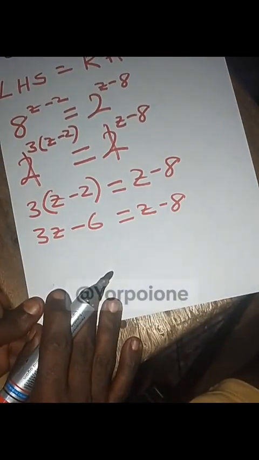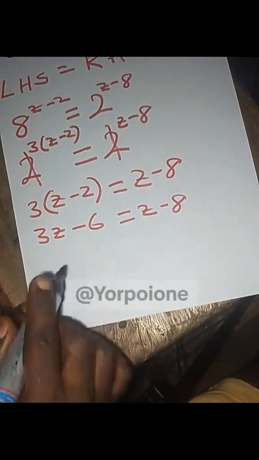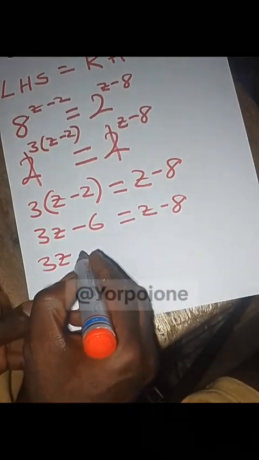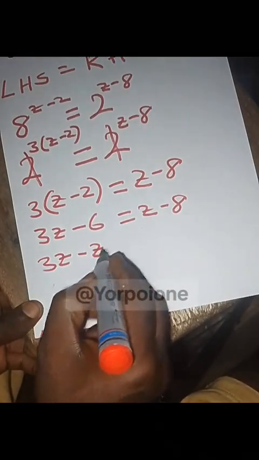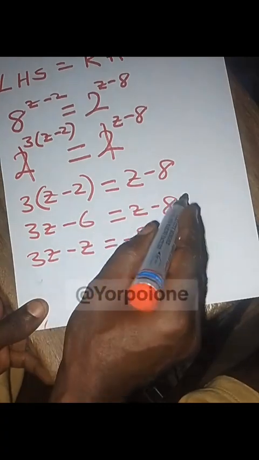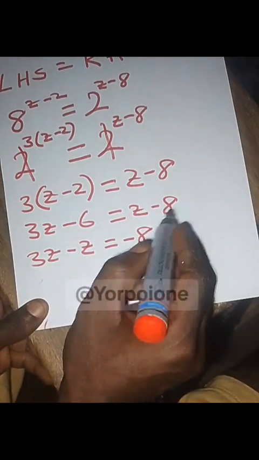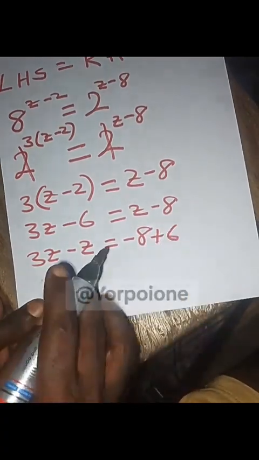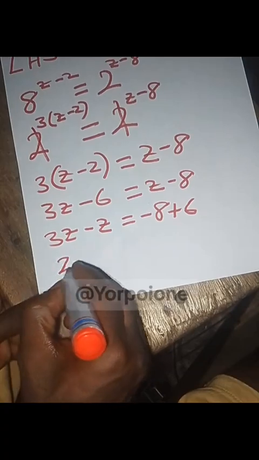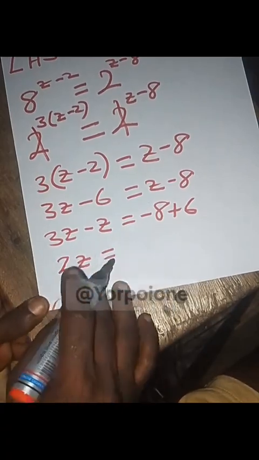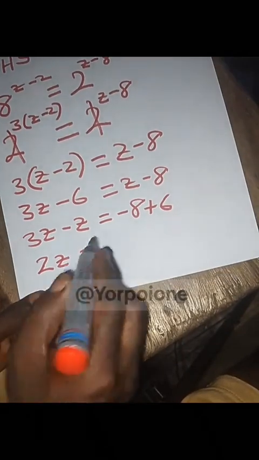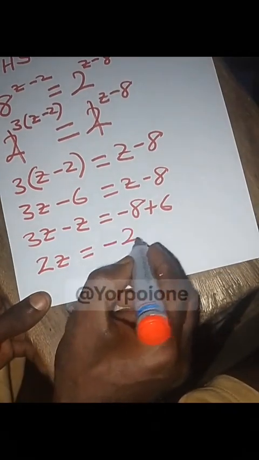Collecting like terms, the z goes over and changes to minus z, and the 6 goes over and changes to plus 6. So 3z minus z gives 2z, is equal to minus 8 plus 6, which is minus 2.